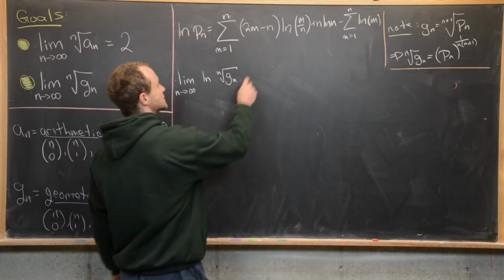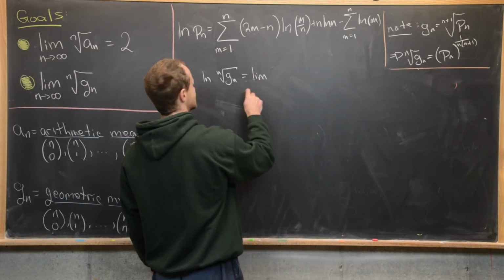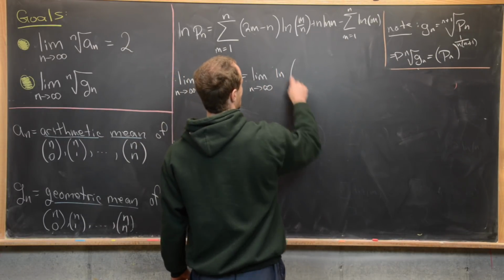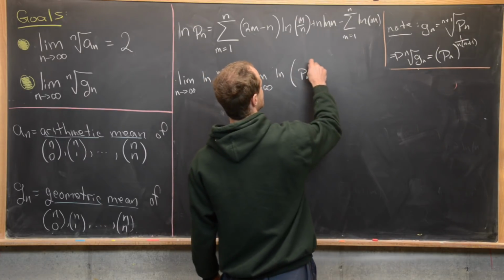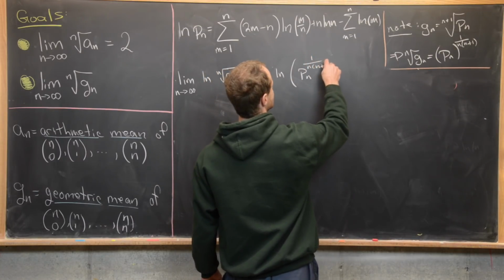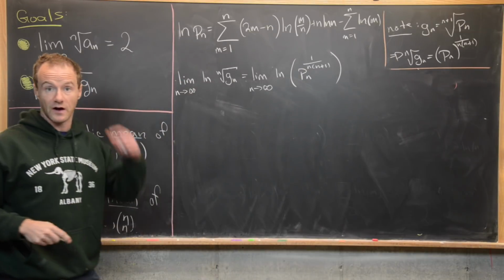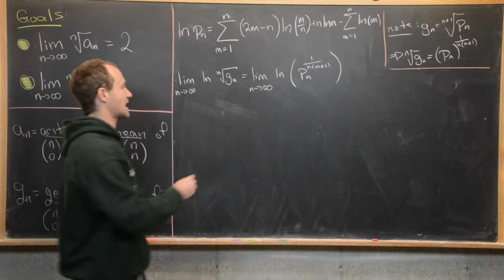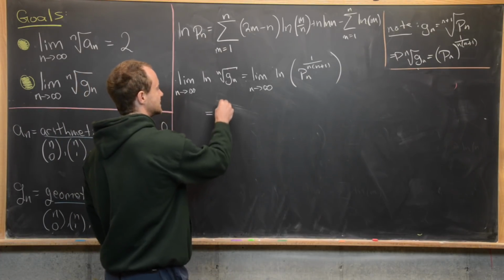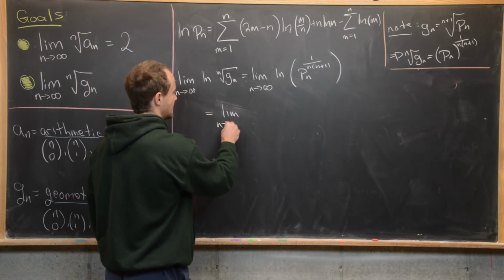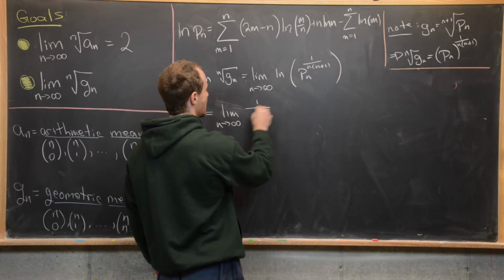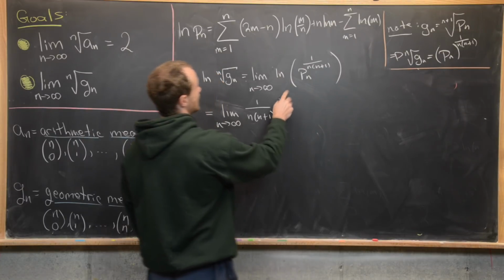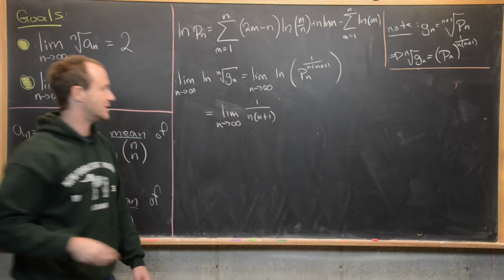Okay, good. Now notice that's going to be the same thing as the limit as n approaches infinity of the natural log of p sub n to the power 1 over n times n plus 1, by our earlier discussion over there, which is in that box. Now I want to use a natural log rule to simplify that a little bit. So that is going to be the limit as n approaches infinity of 1 over n times n plus 1 times the natural log of p sub n.